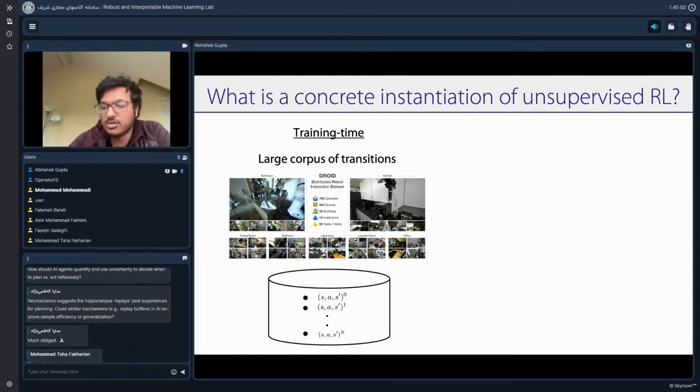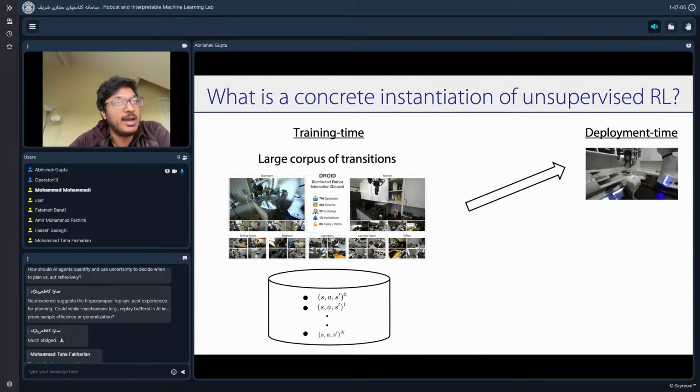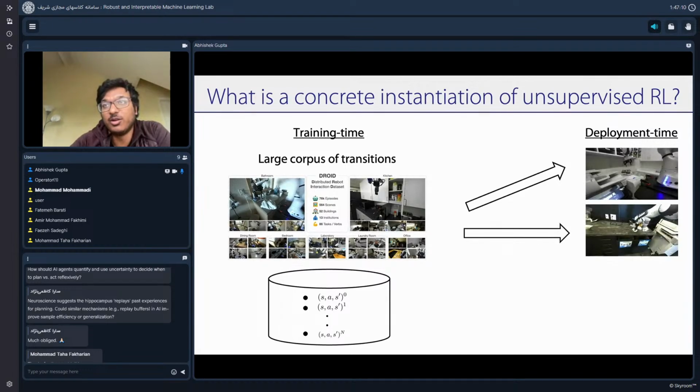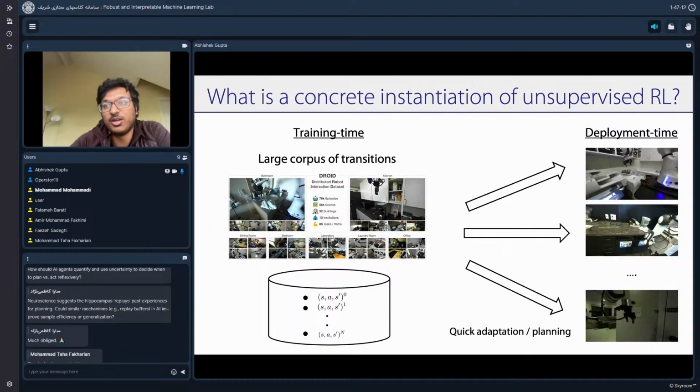You collect a large unsupervised data set, and then at deployment time, you adapt behavior to a specific problem. You might want to do something in the printer, put the napkins in the trash, or turn on the light switch. Each of those is a different downstream problem you might care about. An unsupervised RL method, in my opinion, is going to start from a large corpus of these transitions and then adapt itself to any one specific problem instance.